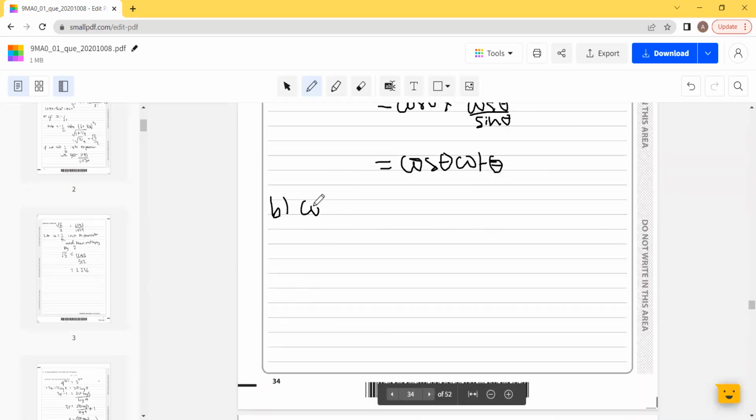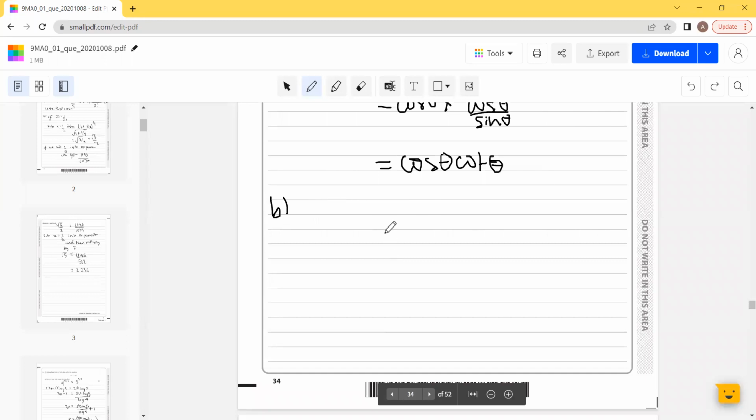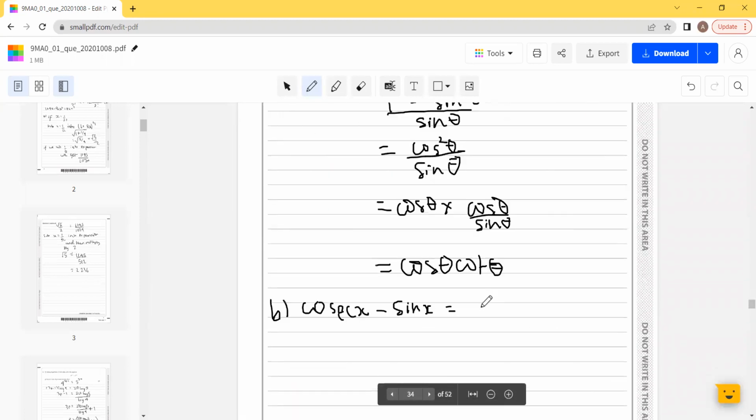Okay, so cosec x minus sine x is equal to cos x cot 3x minus 50, and we have to solve for x.